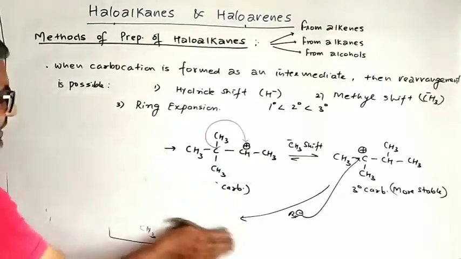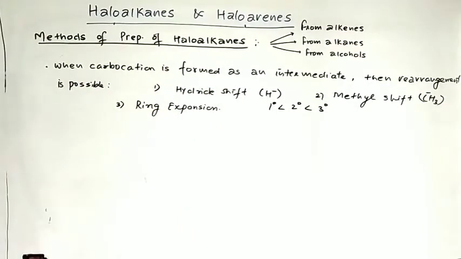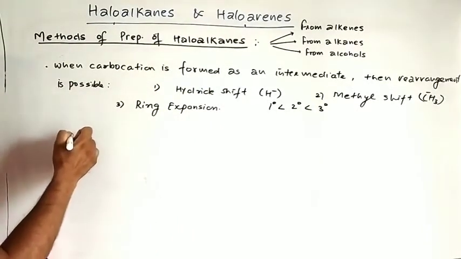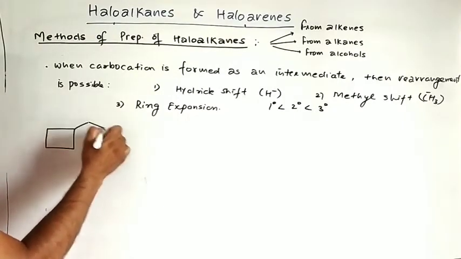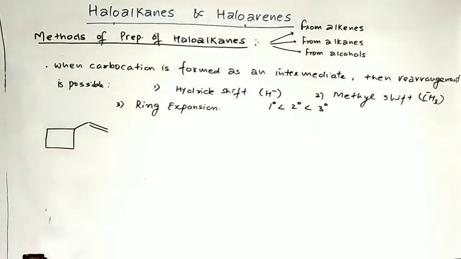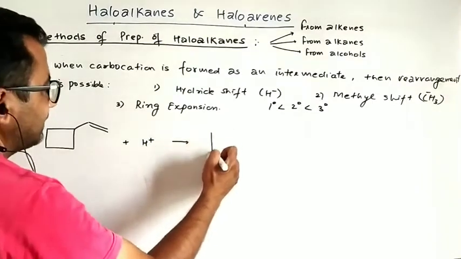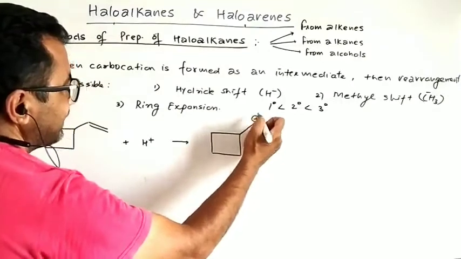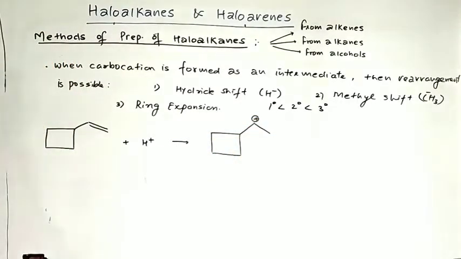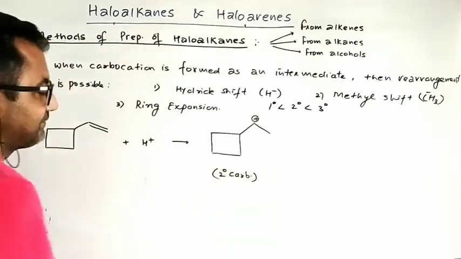Third is about the ring expansion. If the carbocation is formed adjacent to a 3-membered or 4-membered ring, suppose we have this alkene, and when you add H positive, it will give you positive charge here, a 2 degree carbocation.